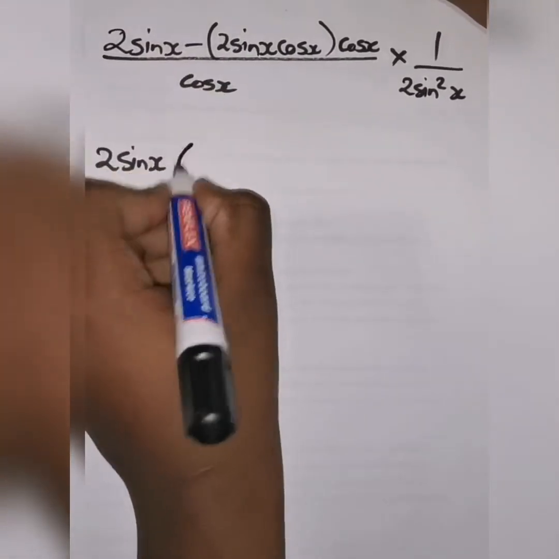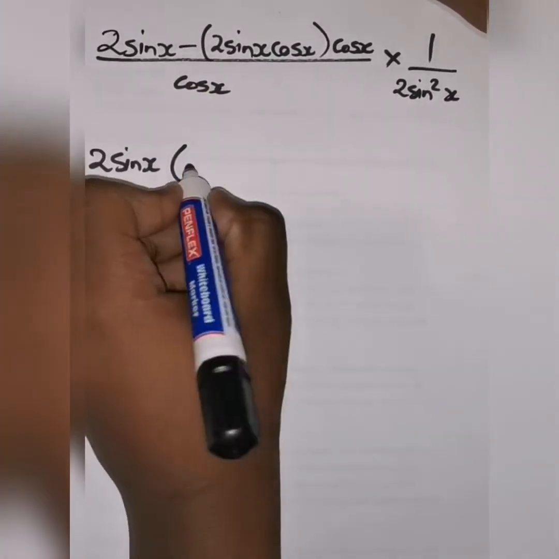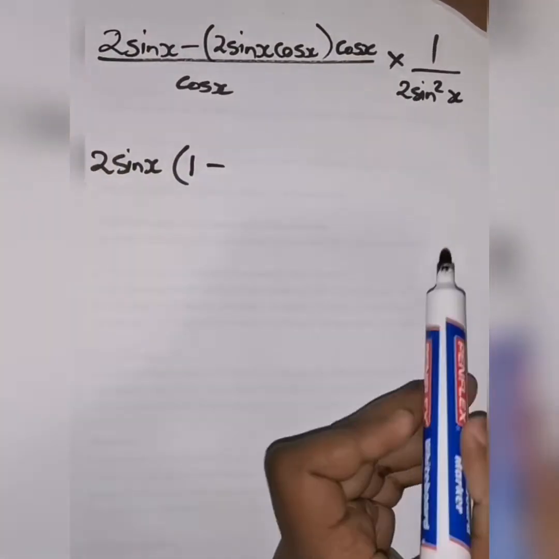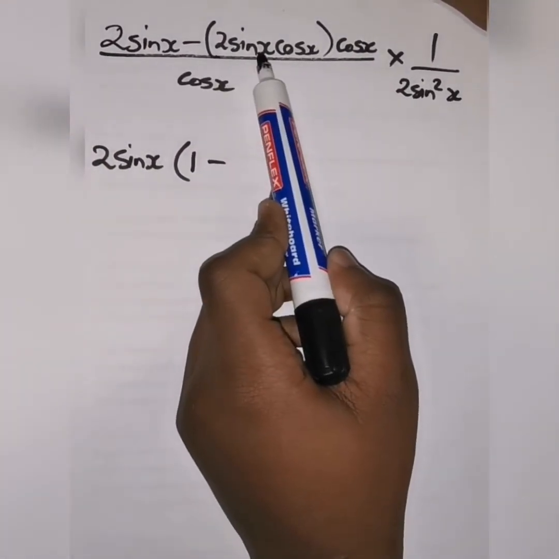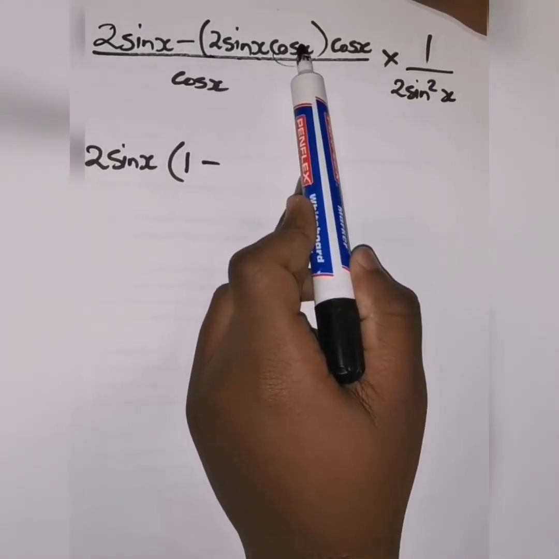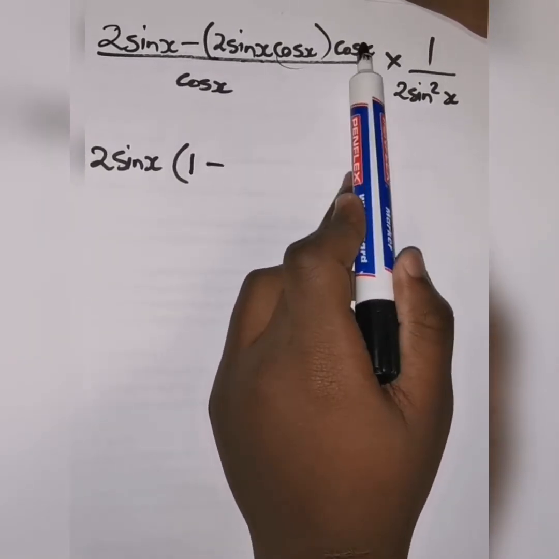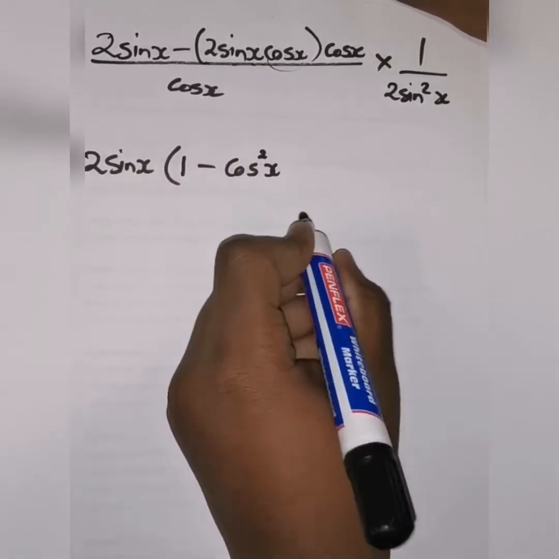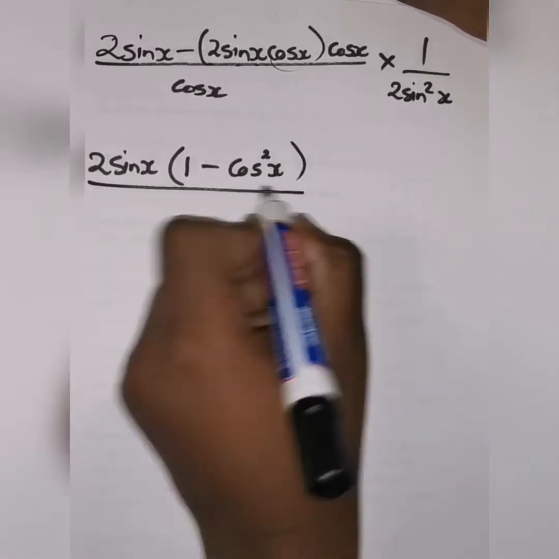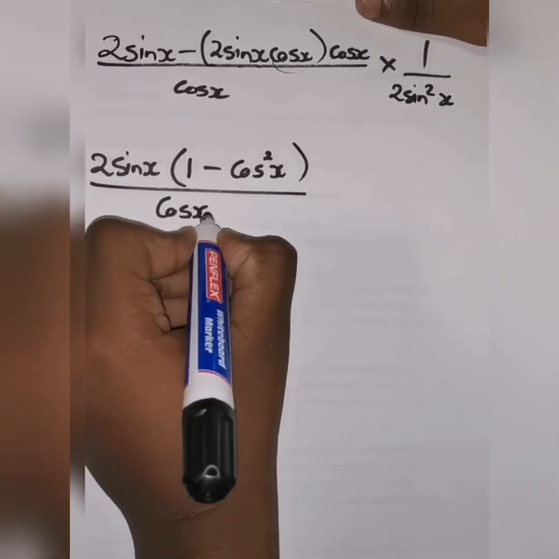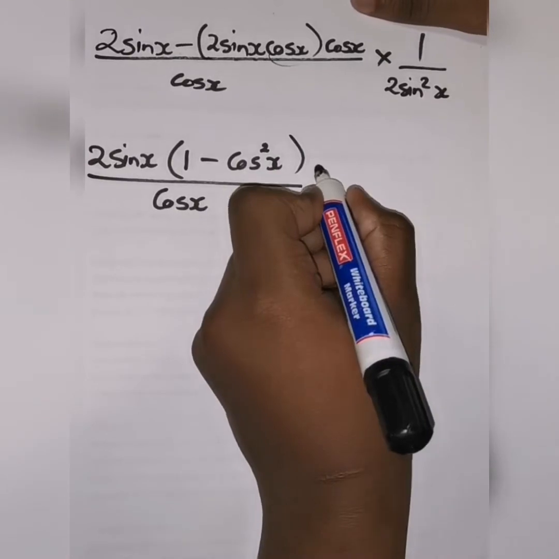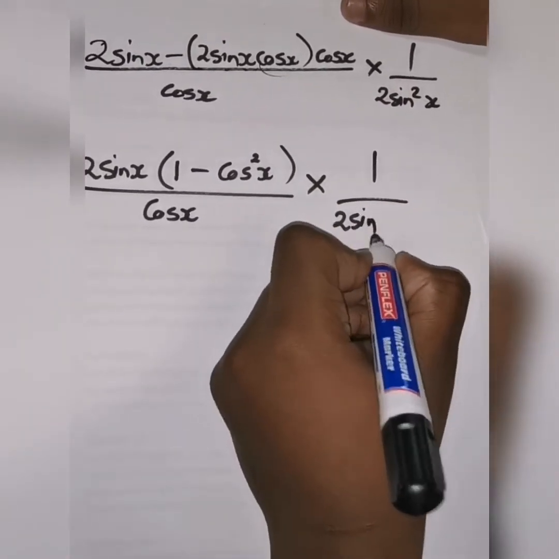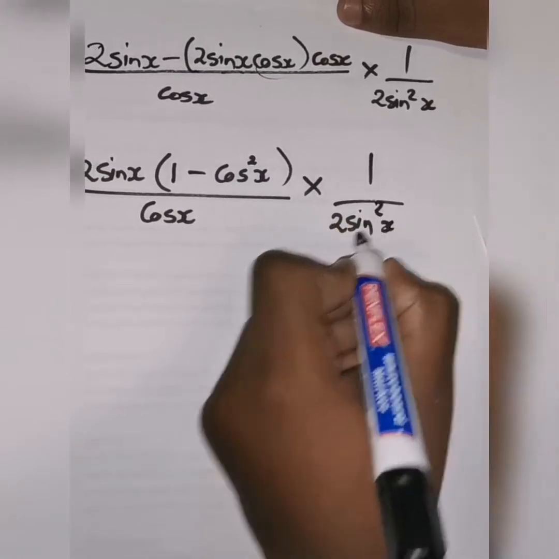That term divided by 2 sine x gives us a 1, minus, then on the side we remove 2 sine x, and we're left with cos x multiplied by cos x, which gives us cos x squared, over cos x, which is our denominator. Then multiply by 1 over 2 sine x squared.